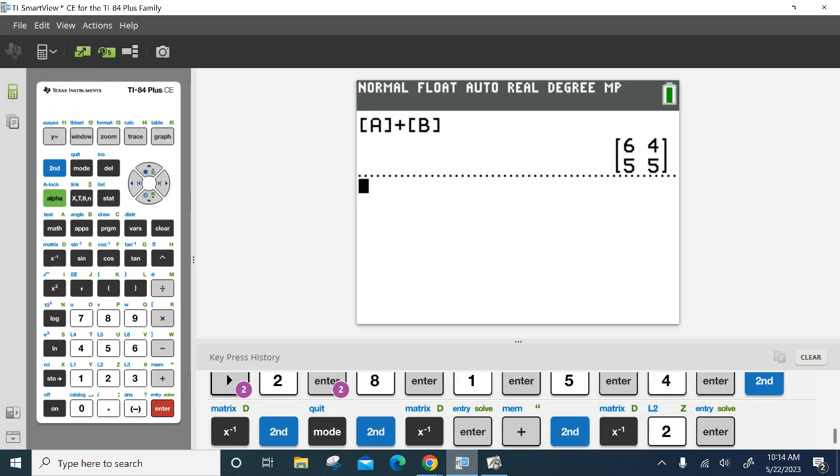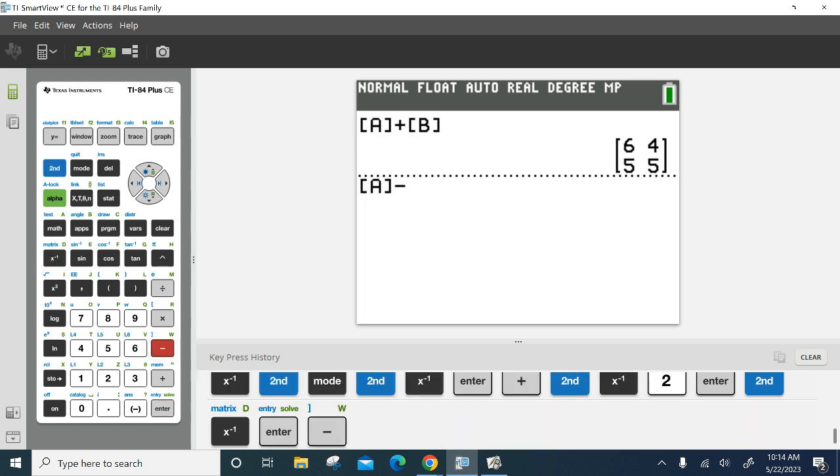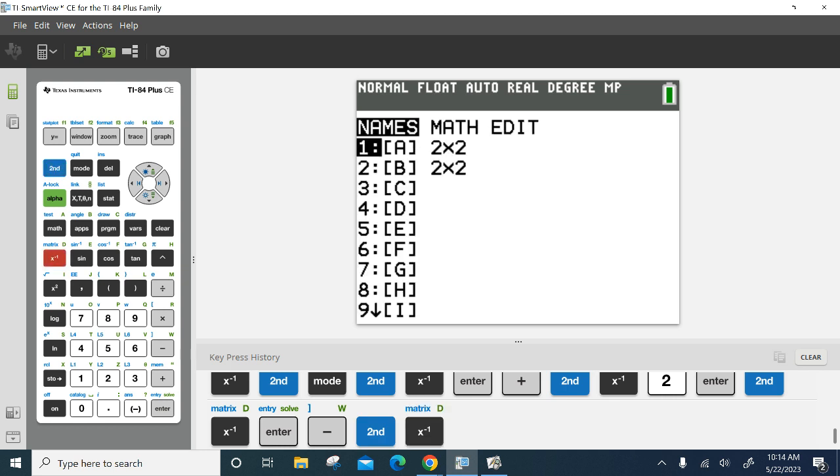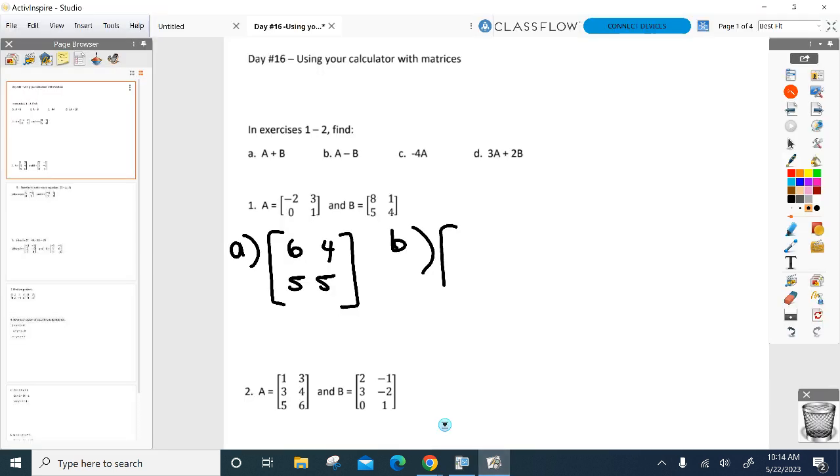Now you want to do A minus B. All right. Go back, select matrix A, but now do minus matrix B. And I think you guys can pick it up here.